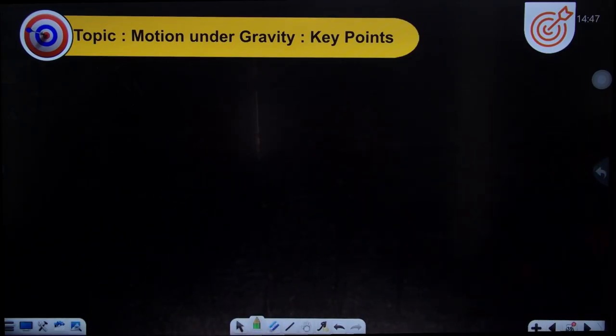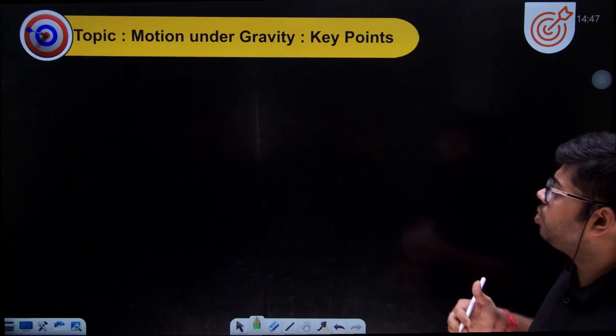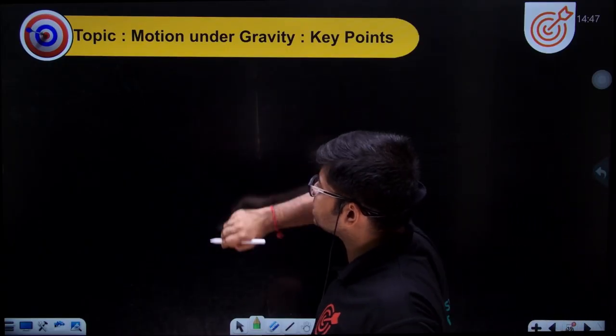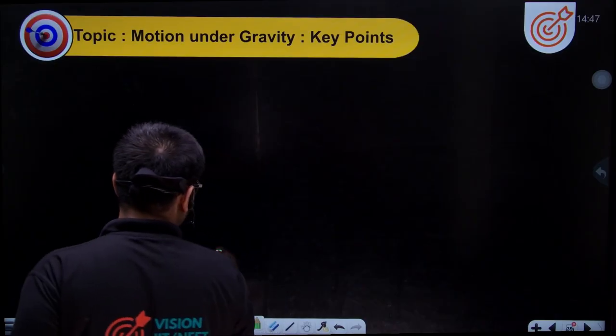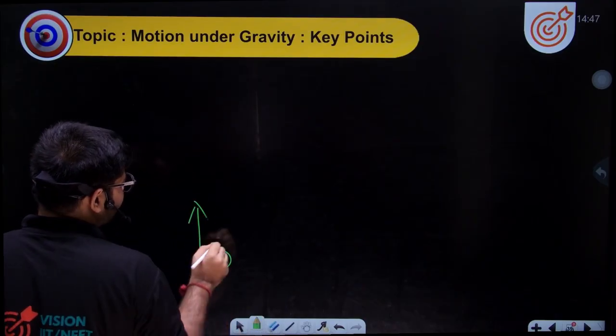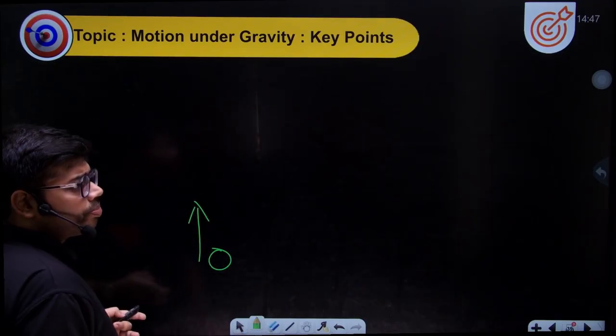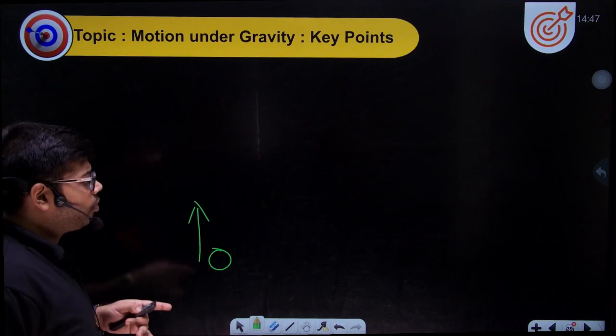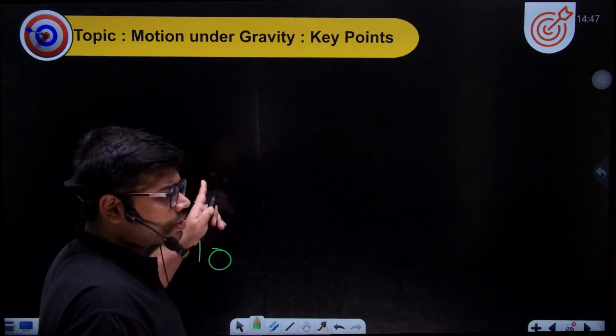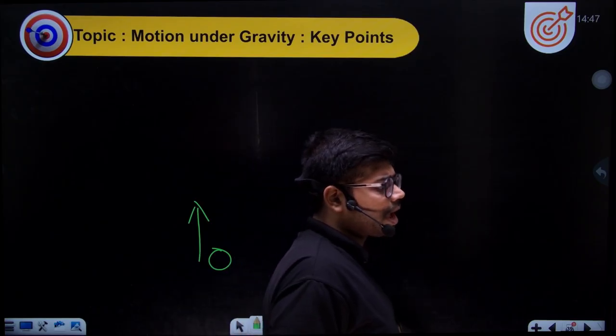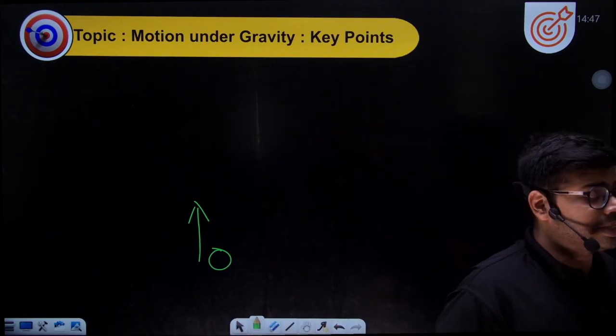One point is that when you are projecting something upward like this, the body is here, you are throwing it up, then the g value we consider to be negative. Why? Because your velocity is upward and the acceleration due to gravity is downward.